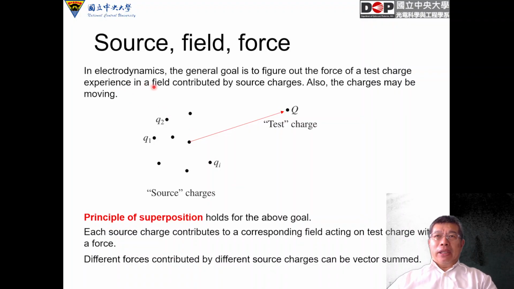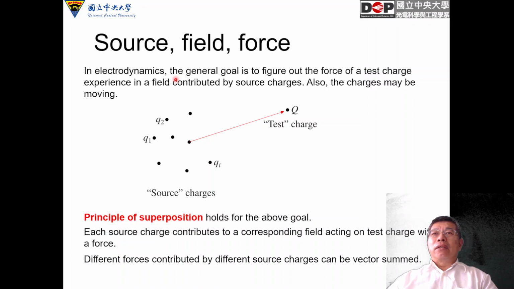In electrodynamics, electrodynamic means moving things and time change, the physics changes with time. So electromagnetism that changes with time is called electrodynamics, which is the name of this book.